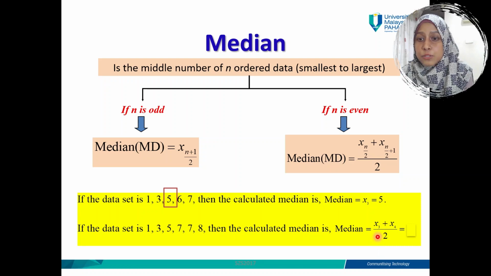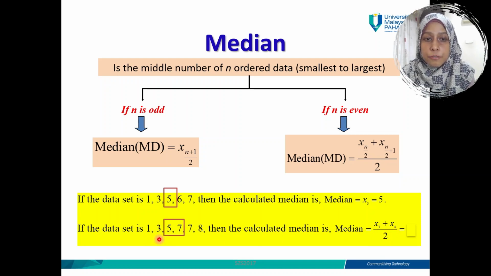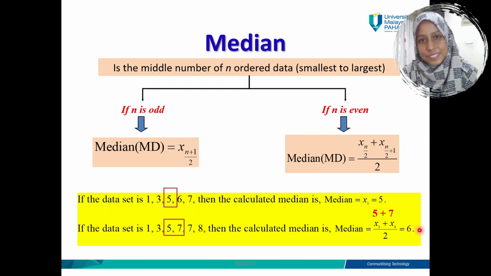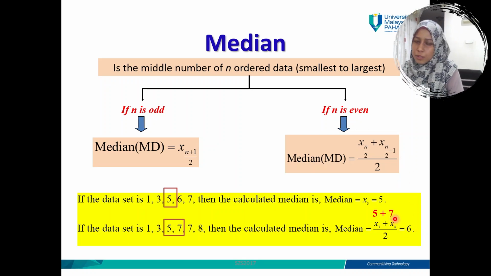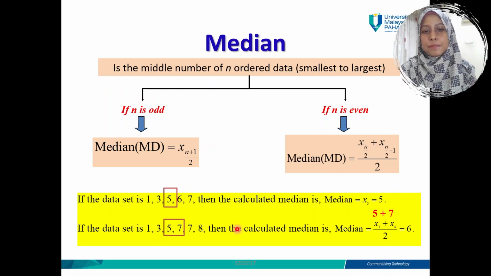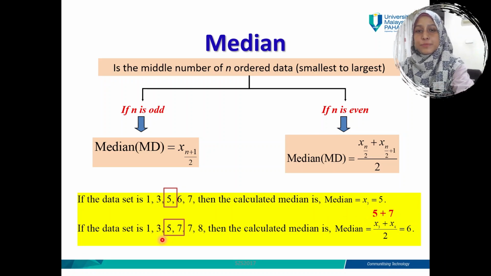So x3 plus x4 divided by 2, which means the third and the fourth data added together and divided by 2. That is 5 plus 7 divided by 2, and you will get 6. Okay, so that's how you determine median. You don't really calculate median, you just have to determine which one is in the middle.